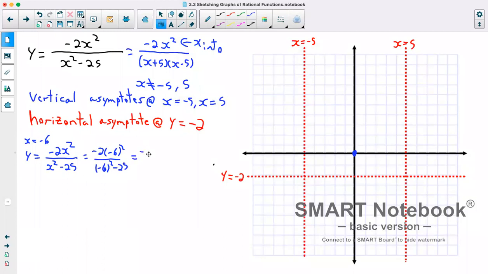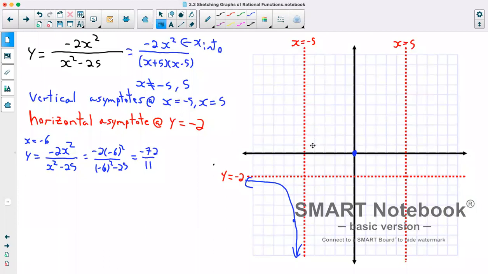So that's -72 over 11. So if I plot that, that's well here. So in this first section of the graph, we're going to be looking like this.